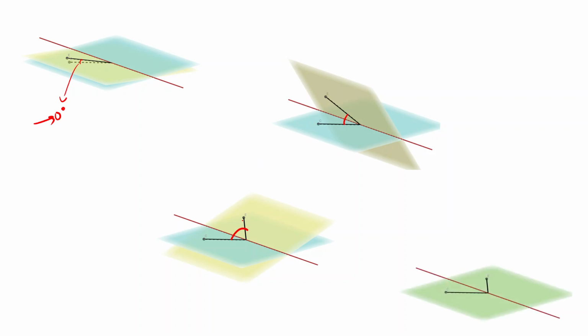What if I take a line something like this? When the yellow plane coincides with the blue plane, this line and this line are exactly on top of each other, making an angle of 0 degrees. Great. So here you can see that this will tend to 0 degrees, and then if you go on increasing the angle between the planes, this angle is also increasing, but it doesn't go up to 180 degrees.